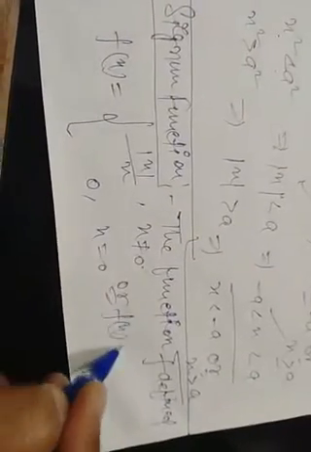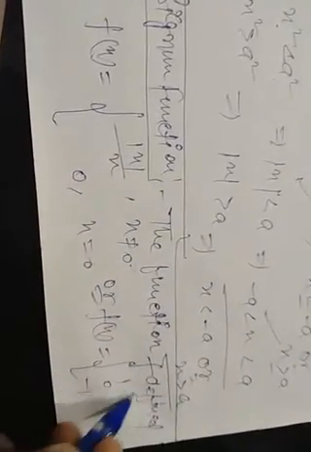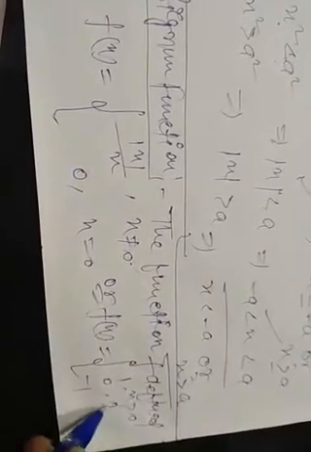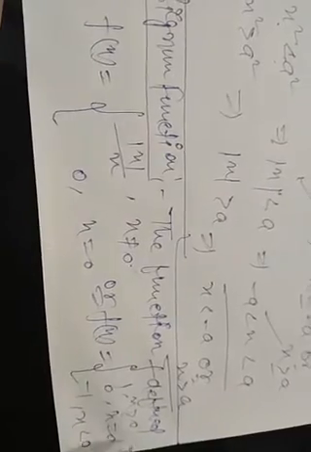Or this function is also described in this way: f of x is equal to 1, 0 and minus 1. 1 when x is greater than 0, 0 when x is equal to 0, minus 1 when x is less than 0.